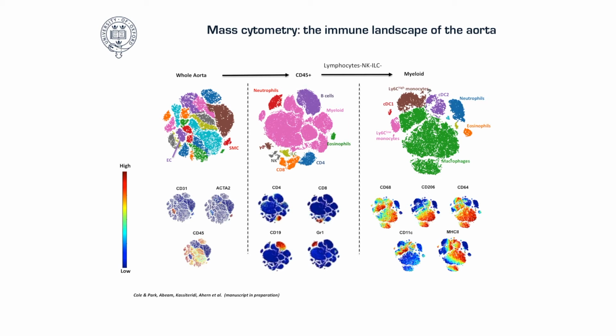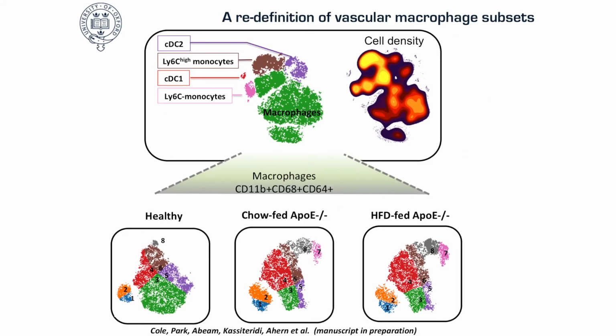So I think this is a very powerful technique to understand the immune landscape of the aorta, and also to phenotype what changes a specific gene, specific environment or therapeutic intervention in experimental models will lead to in these populations and their relationships. When we applied CyTOF for the first time, we started seeing that one of the more heterogeneous populations in the plaque, perhaps as expected, were the macrophages.